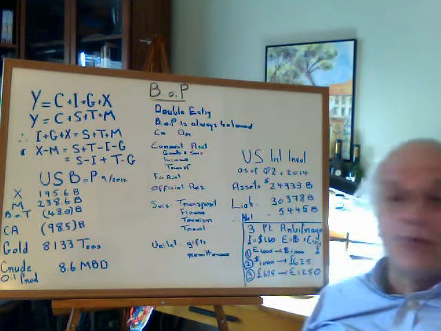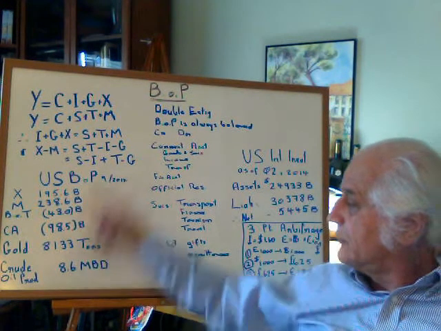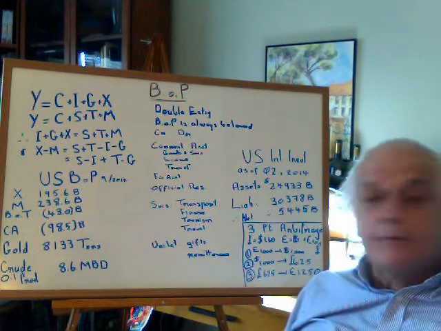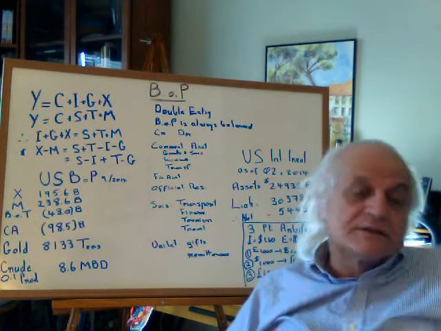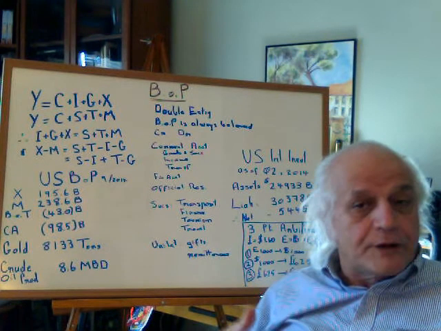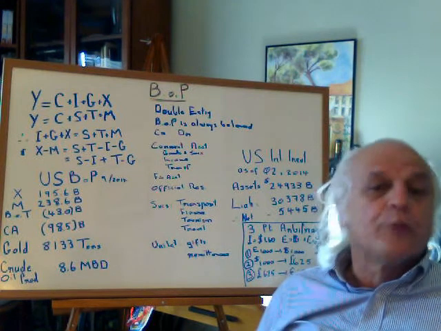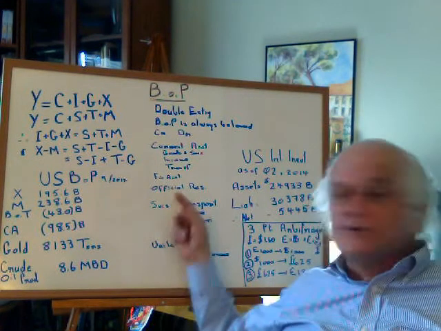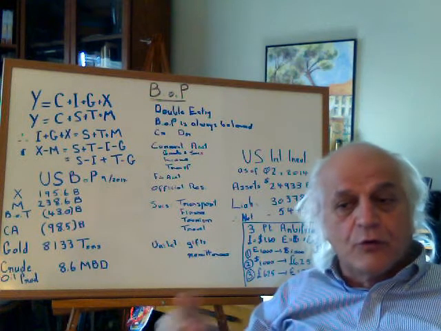The US does hold, by the way, as you can see from here, I mentioned it, we'll look at this in a minute, a little bit over 8,000 tons of gold. And this is consistent, because we don't feel the pressure to go ahead and sell our gold, and we don't bother to buy more gold.